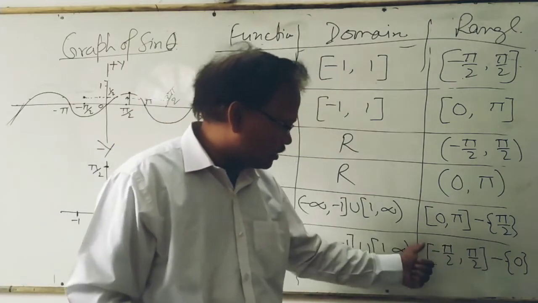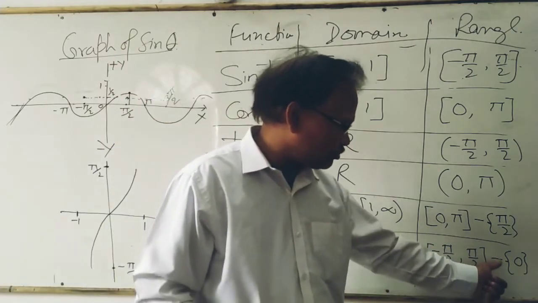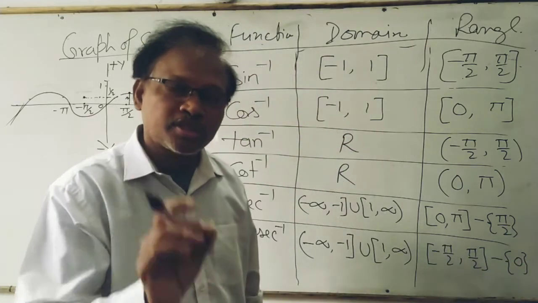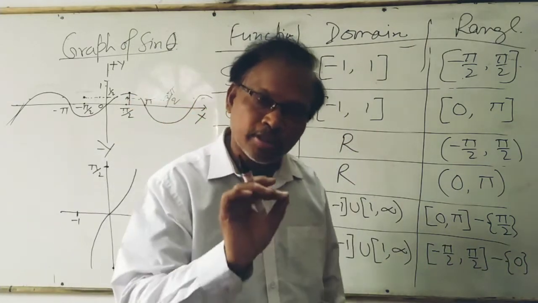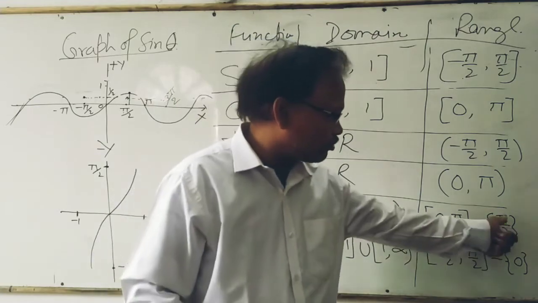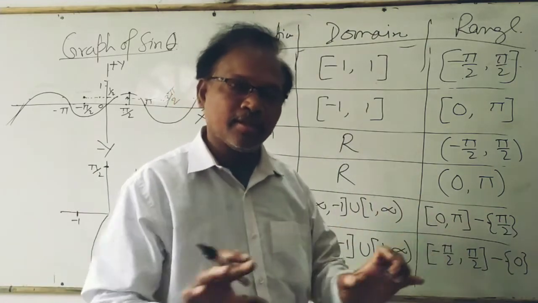And the range is minus pi by 2 to pi by 2, excluding 0, because cosec 0 is not defined. That is why it is not included. इसको हटा दिया गया है बाकी.